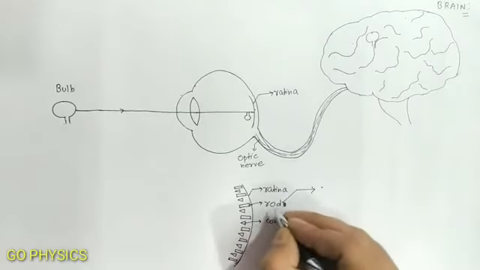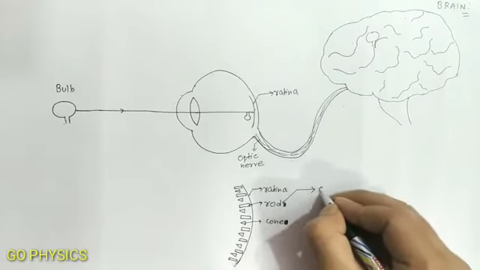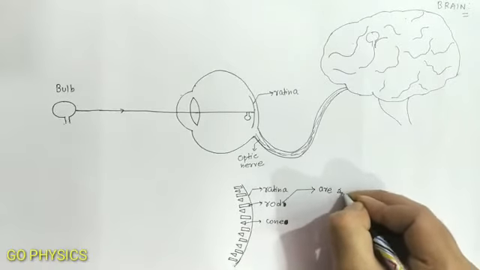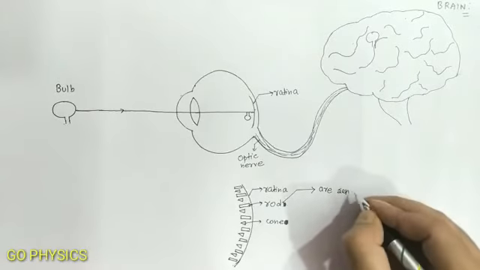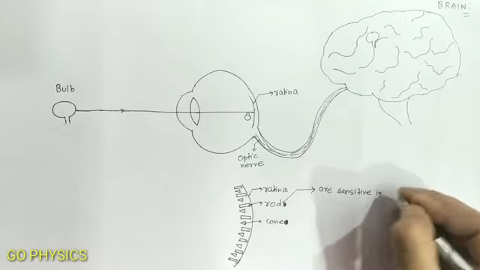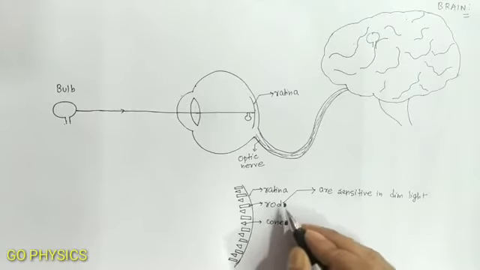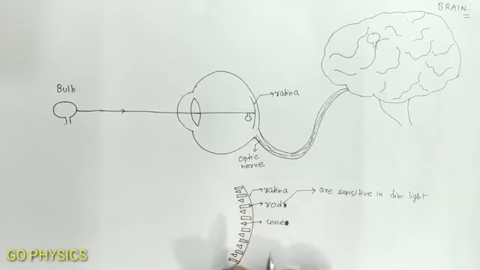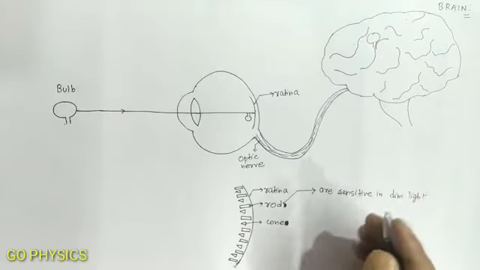If we talk about rods, then rods are sensitive in dim light. And the number of rods present over the surface of the retina is around 100 million.